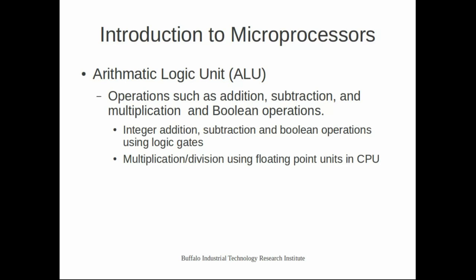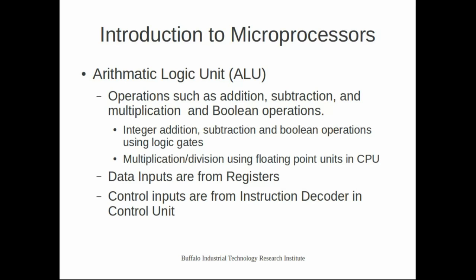Multiplication and division are performed using floating point unit circuits in the CPU. The arithmetic logic unit takes its data inputs from registers, and control inputs about what operation to perform on the data are received from the instruction decoder in the control unit.